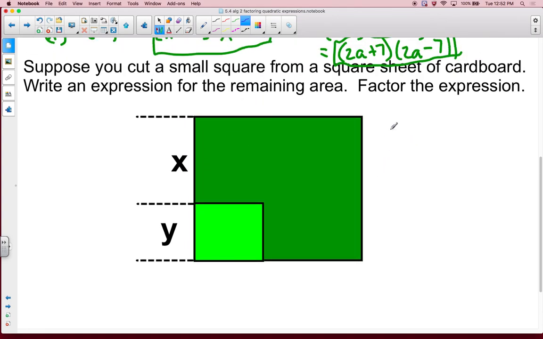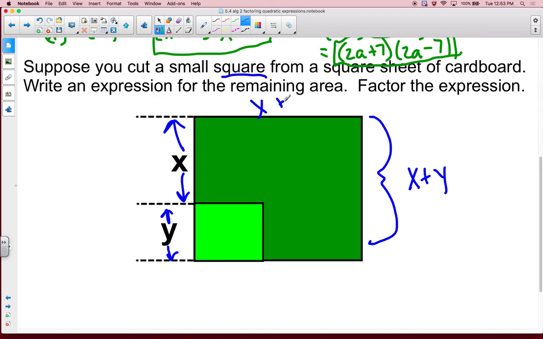So this entire side here is x plus y, because this is x from here to here, and this is y from here to here. It's a square, so both sides have a length of x plus y. We're going to be subtracting off this entire area, which is y by y.